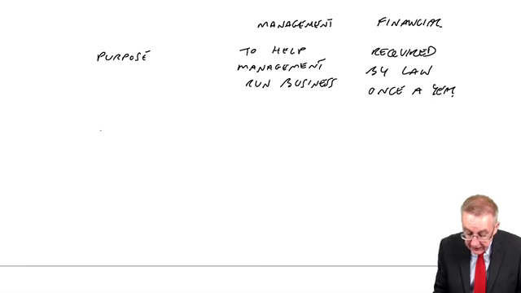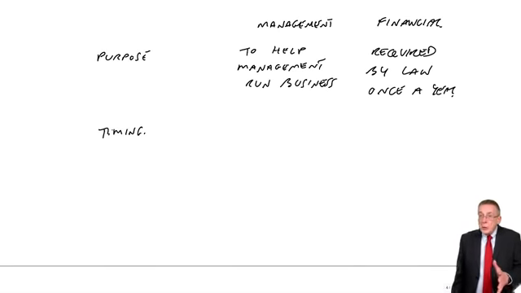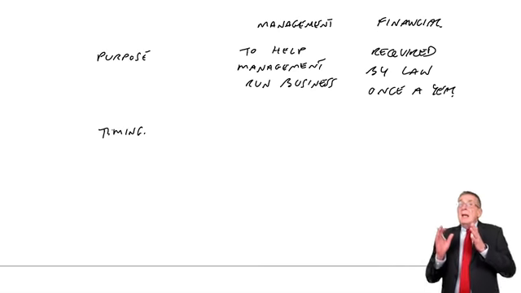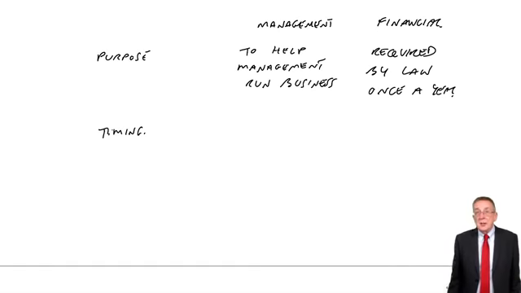Now that leads in directly to the timing. Management accounts, most businesses, it's not a rule, but most businesses once a month will prepare certainly profit statements to show how well we're doing.